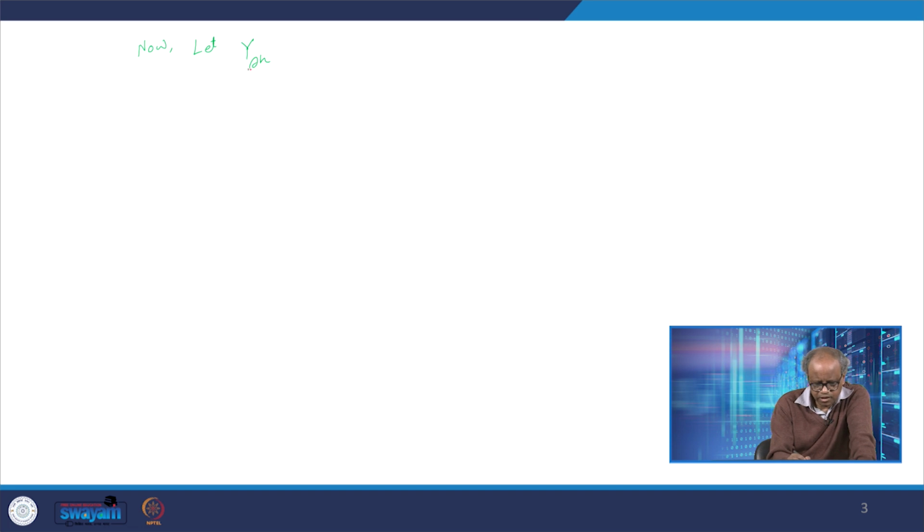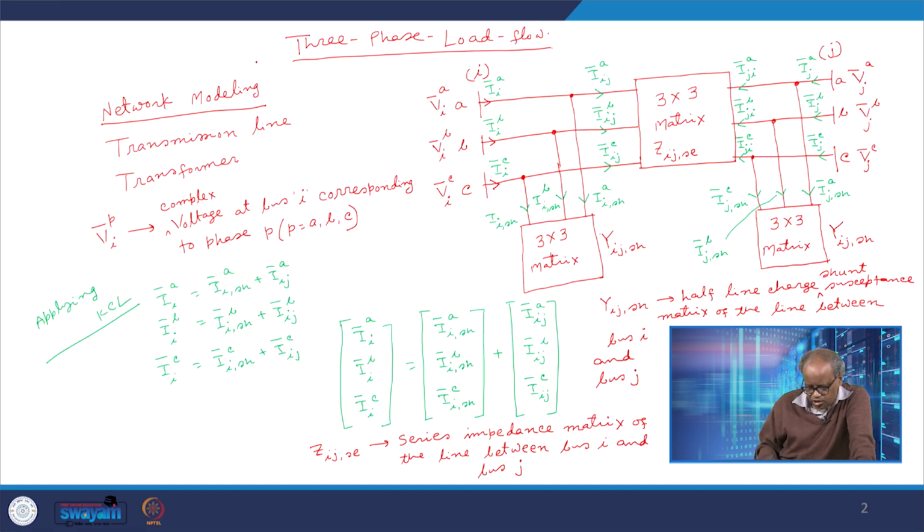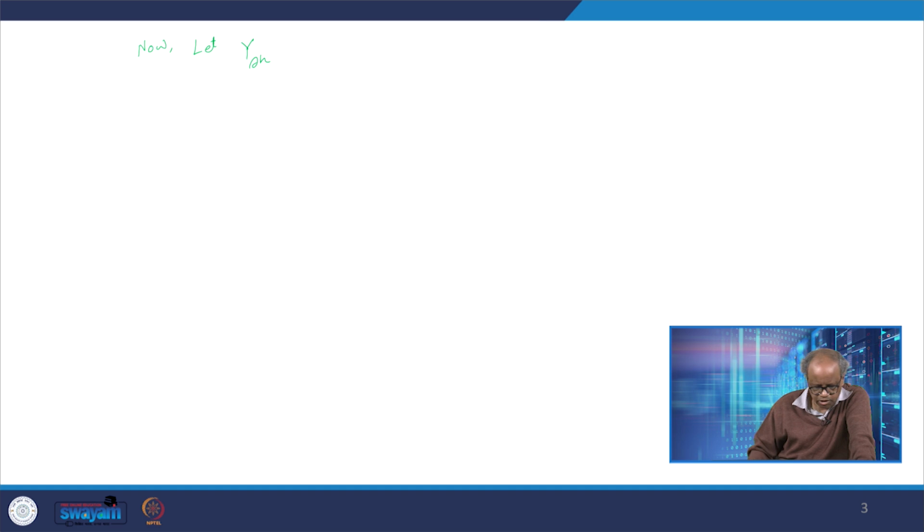So Y_ij shunt is given by a 3 cross 3 matrix.